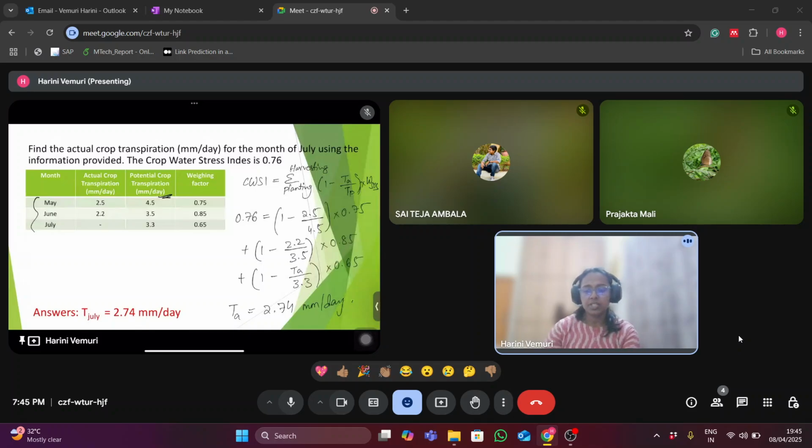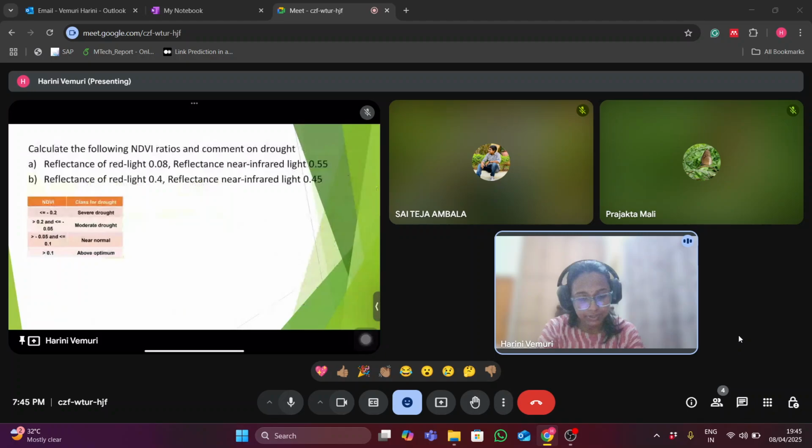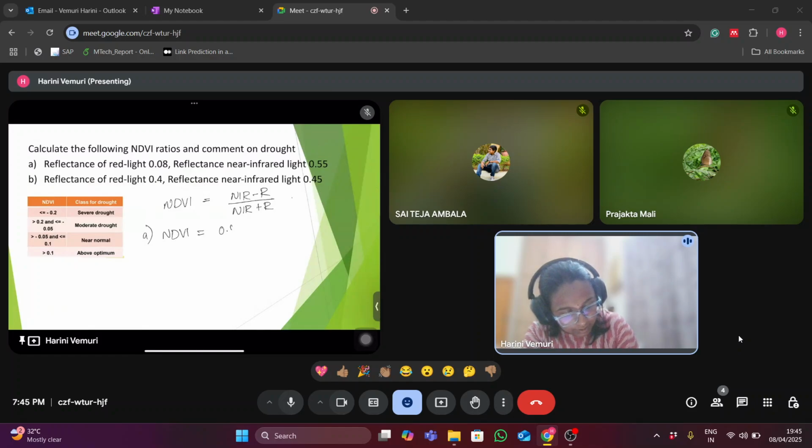Okay. So the next one is calculate the following NDVI ratios and comment on drought. They have given the NDVI formula as NIR minus R by NIR plus R. Right. So for the first one, NDVI is equal to NIR, reflectance in near infrared, 0.55 minus 0.08 by 0.55 plus 0.08.